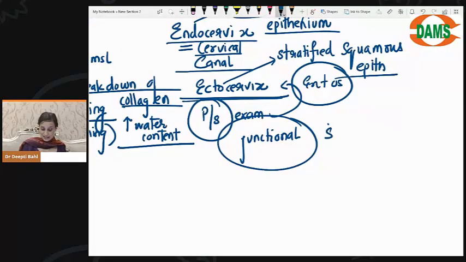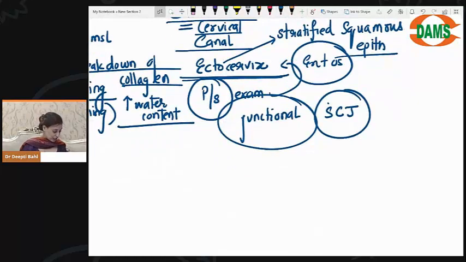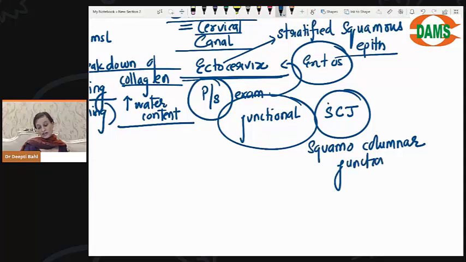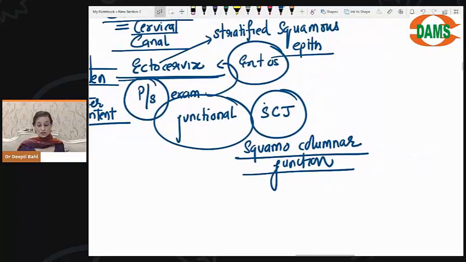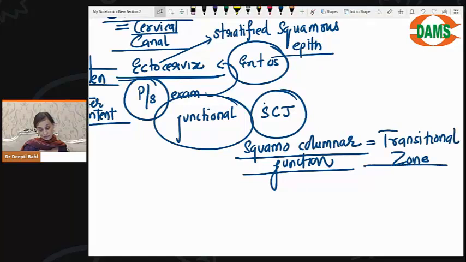This is therefore called the SCJ, squamo-columnar junction, also called the transitional zone.